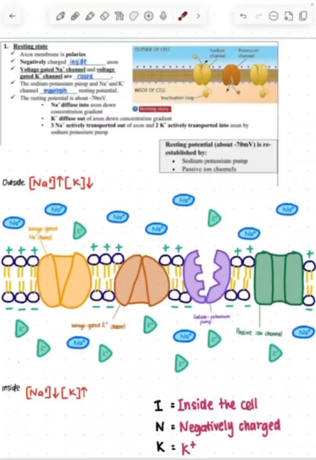And at the same time, potassium will diffuse out of the axon because inside, the potassium concentration is higher than the outside concentration of potassium.